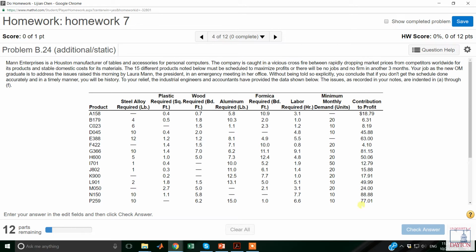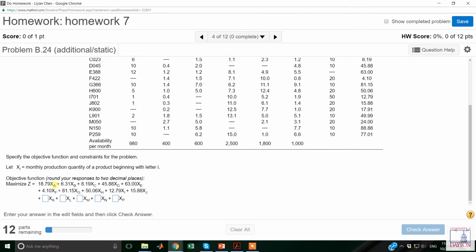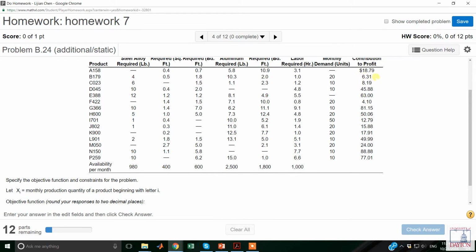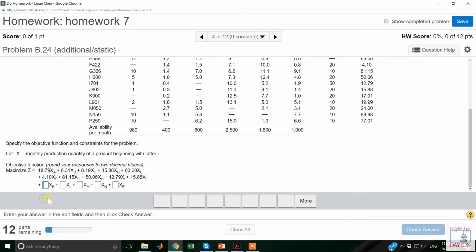So look at the last column. This is the contribution to the profit by units. So it's 18.79 XA, and 6.31 XB, and all the way. So let's talk about XK. What is XK? It will be right here: 17.91.